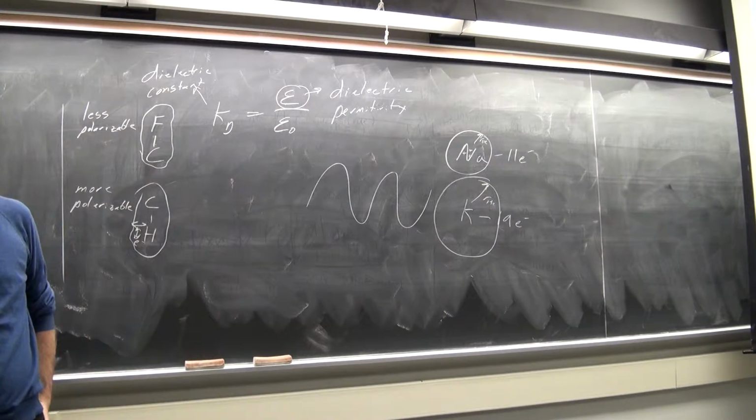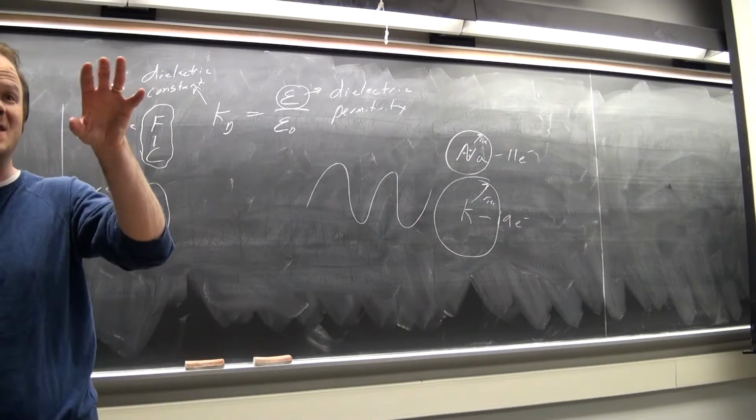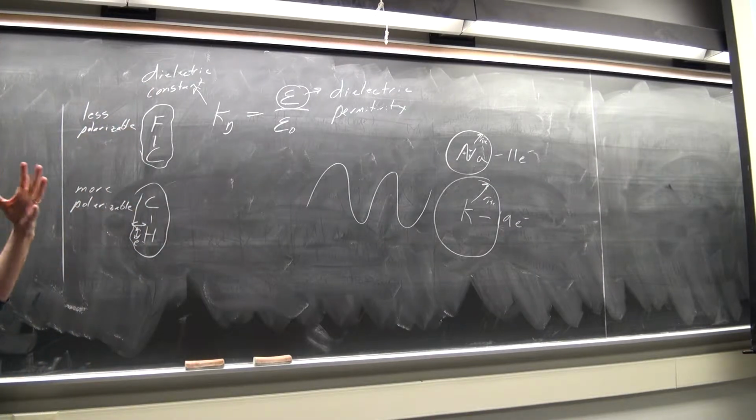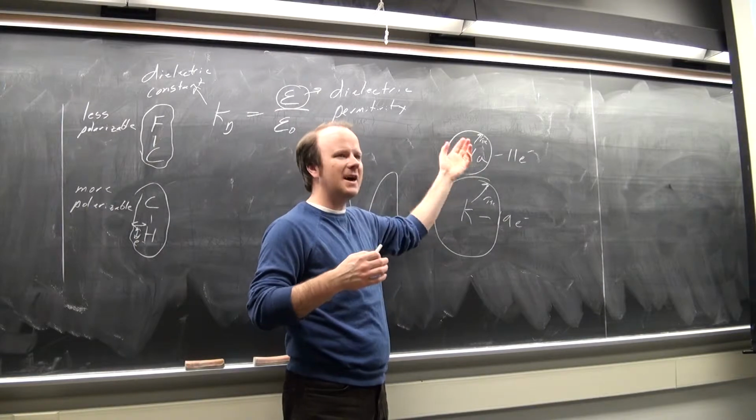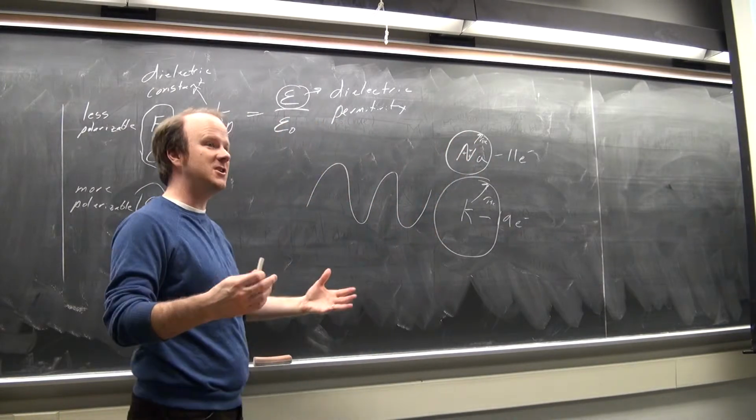Yes. Okay. Think about it tonight and ask questions tomorrow. Yeah? So the polarizability is inversely related to the electronegativity? Yeah, for a given size. So you need to keep in mind the size of these things. But yeah, that's a good relationship to remember.